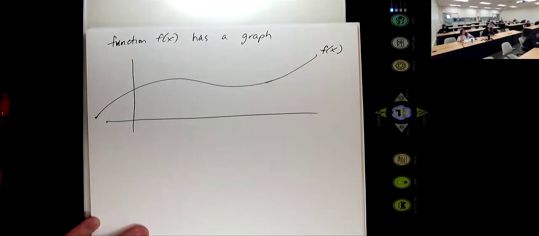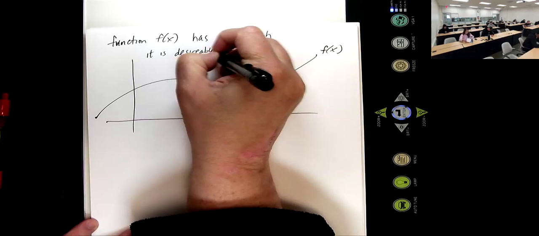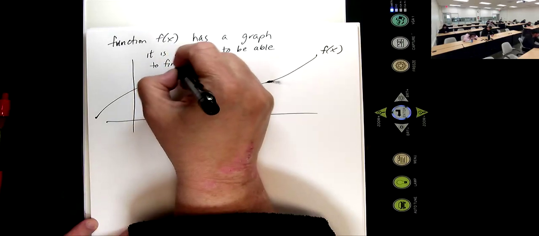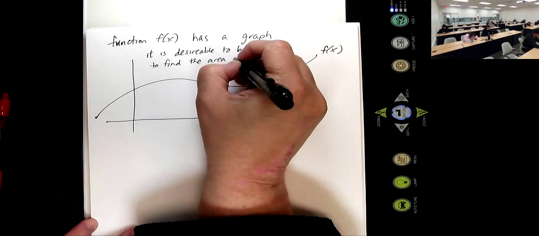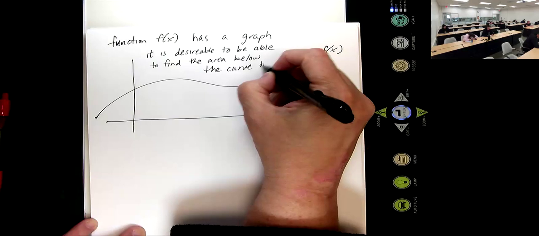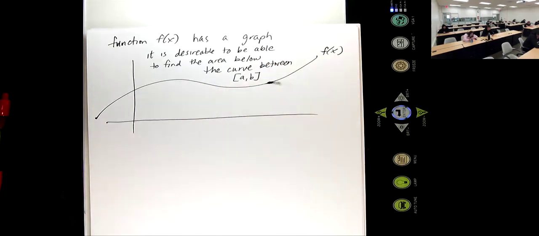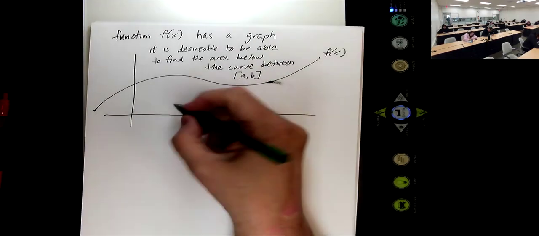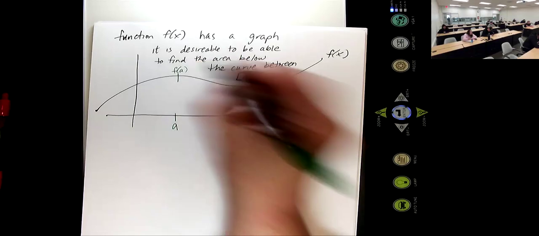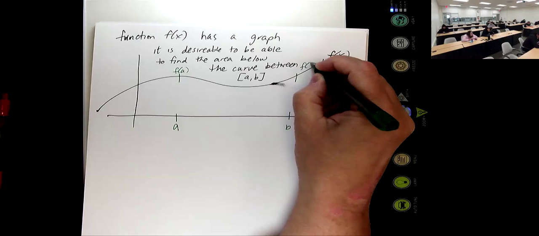And it is desirable, in many circumstances, to be able to find the area below the curve between a and b. So that's a, this is f of a. Over here we'll have b and f of b.